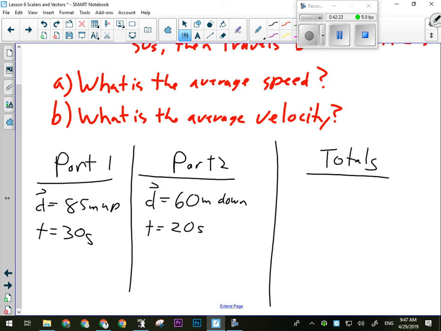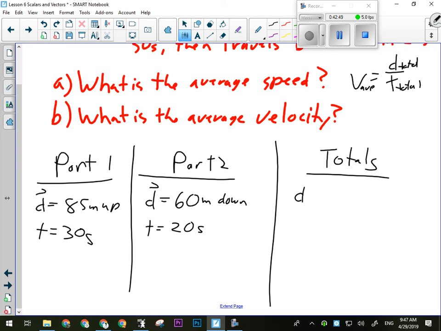Now, part A wants to know the average speed. Does speed care whether I went up or down? No, speed is scalar. We calculate speed using distance divided by time, and that's total distance divided by total time to get us the average speed.